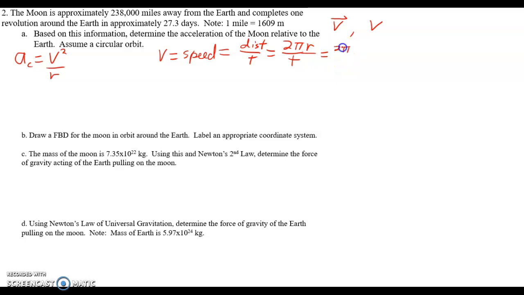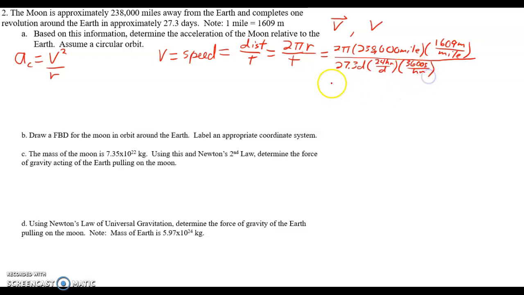So that's 2 pi times 238,000 miles, 1,609 meters per mile, and then that's happening in 27.3 days, 24 hours per day, and 3,600 seconds per hour.